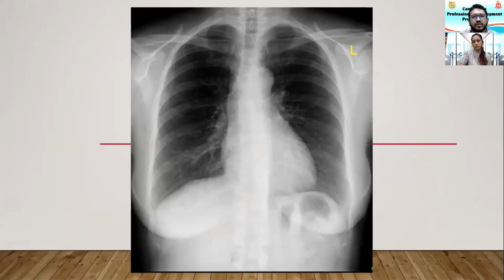So this is a normal chest X-ray, and you look at the costophrenic angles, which are very deep, and you can see it's very sharp. If there's any blunting, you have to suspect pleural effusion. And if you're not sure, you can always have a lateral decubitus to see whether there's any fluid level within.